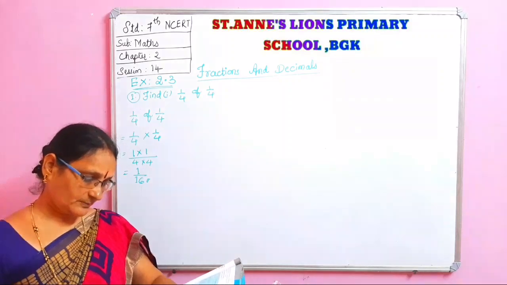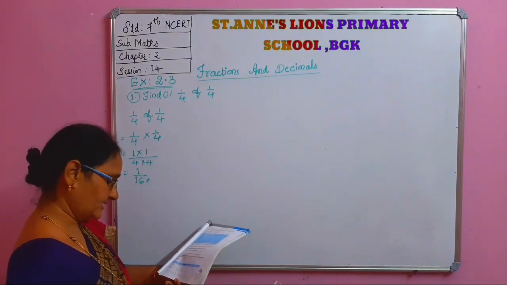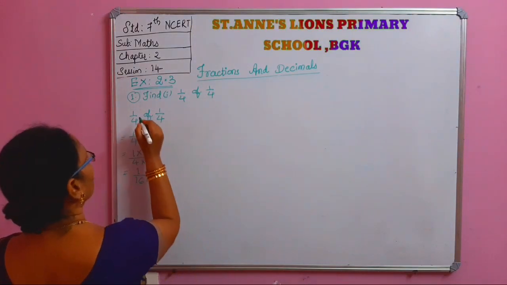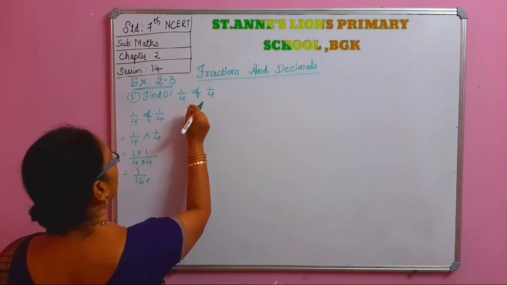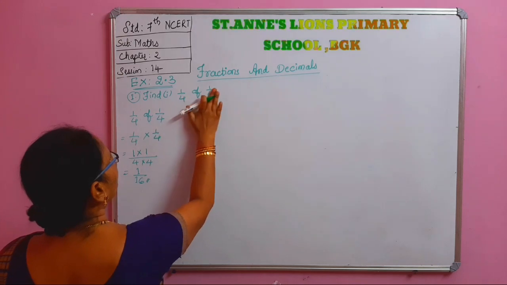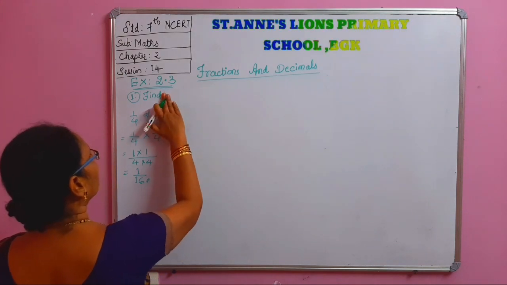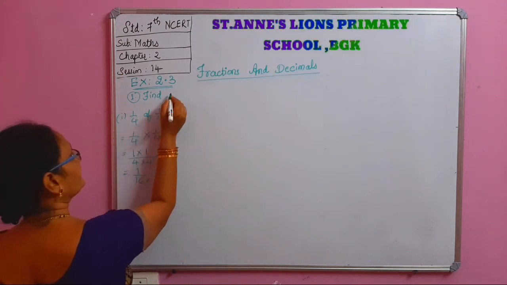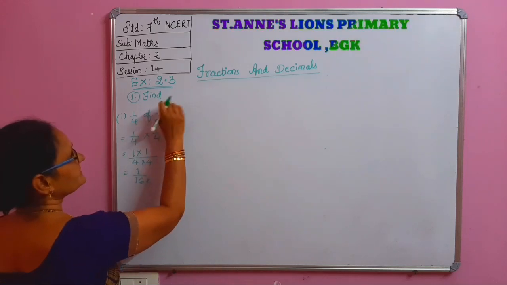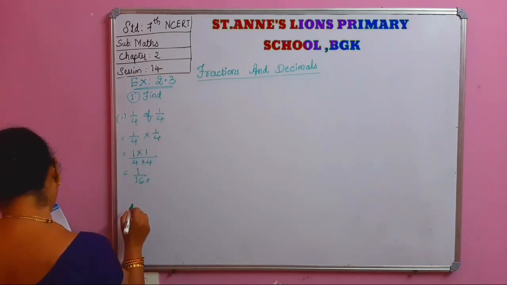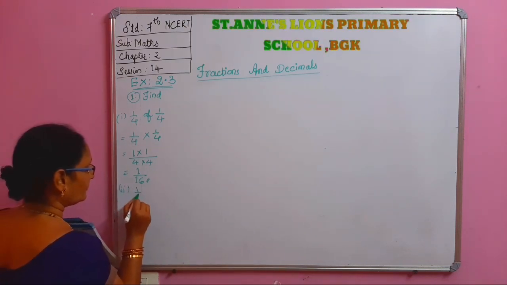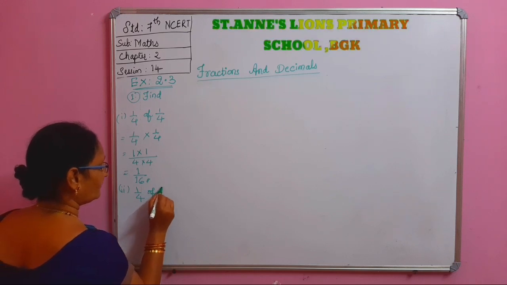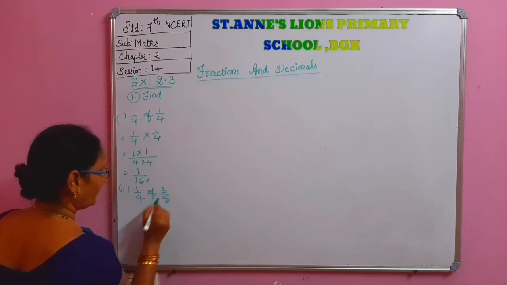So take it properly. The next one is 1 by 4 of 3 by 5. The second one is 1 by 4 of 3 by 5.